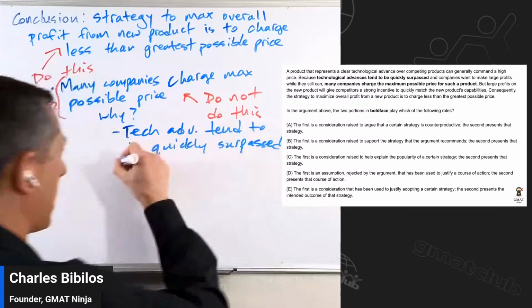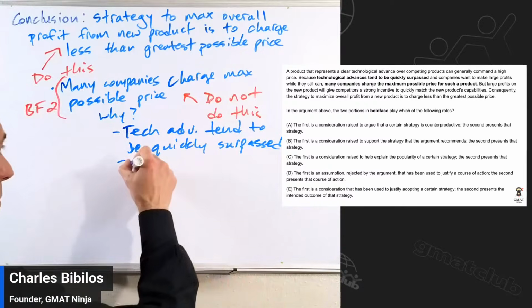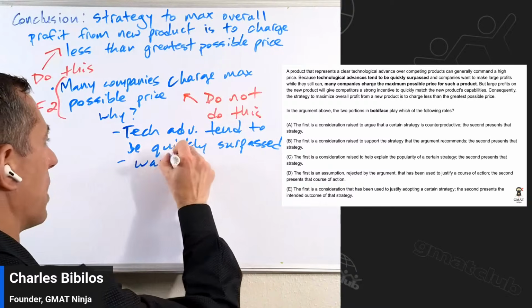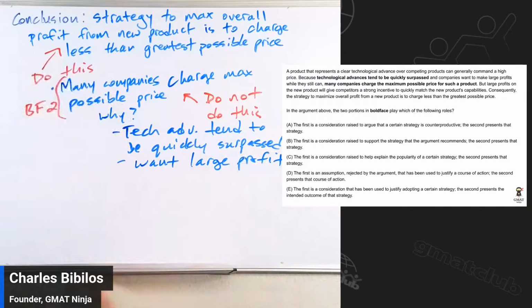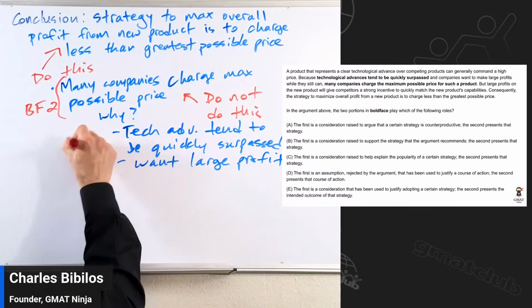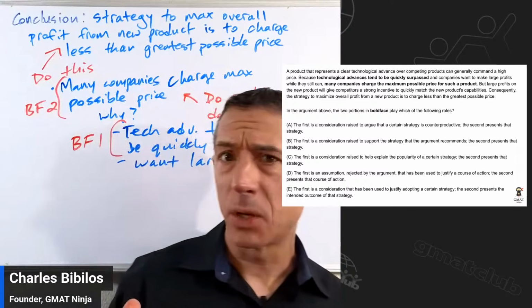And then there's something pretty obvious here about kind of wanting to make maximum possible profits while they still can. So they want large profits. Okay, so here's our Boldface 2. Here's our Boldface 1. This part right here. Technological advances tend to be quickly surpassed.